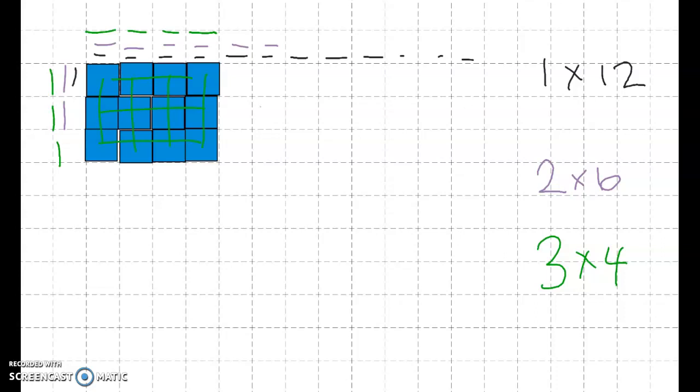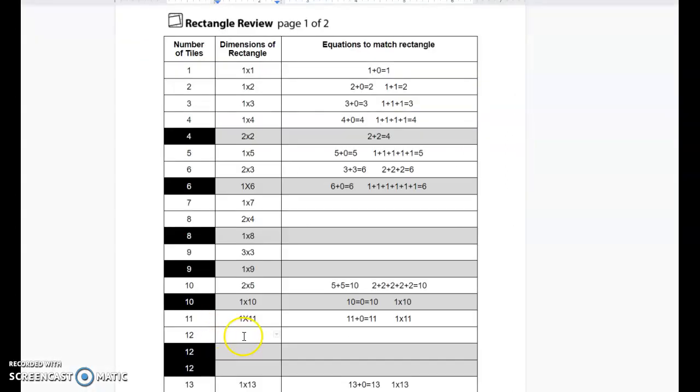Let's label these rectangles on our rectangle review. We can label our first rectangle as a 1 by 12. Our second rectangle was a 2 by 6. And our third rectangle was a 3 by 4. Some equations to match would be 12 plus 0.